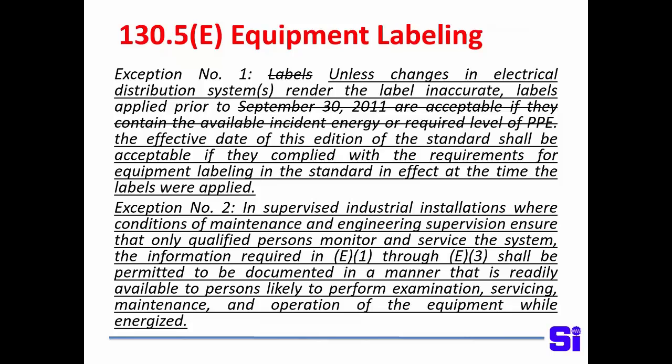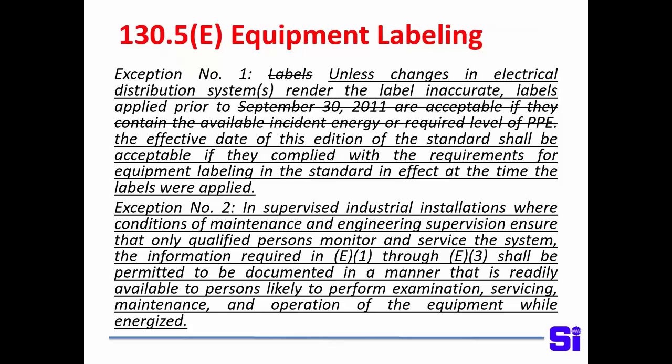One of the examples that we talked about was barcoding, or these new square barcodes, where you could actually get a lot more information from that type of label than you would from a regular arc flash label.